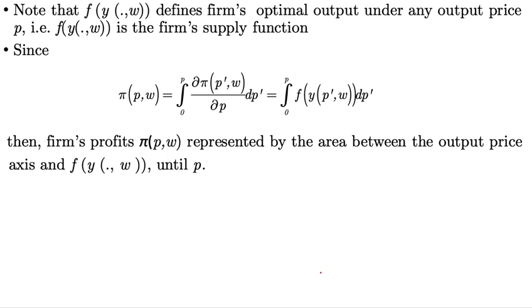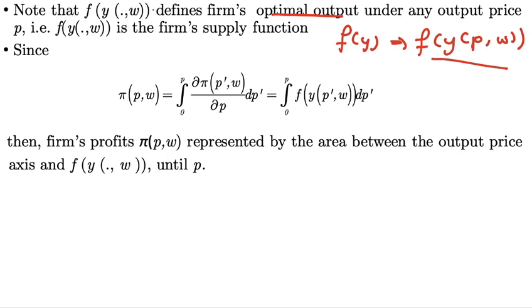So if we have the production function here in which we have F(y), but if we specify further F as a function of input, in which input is a function of the price of output and also the price of input itself, then this kind of thing is actually the optimal output under any output price P, okay, and also the W, given W itself.